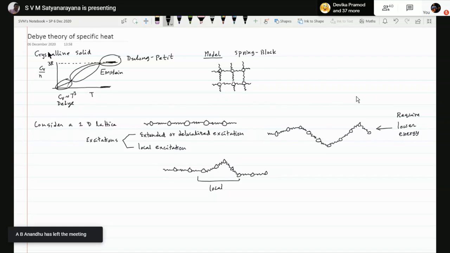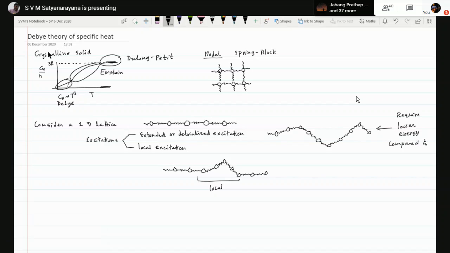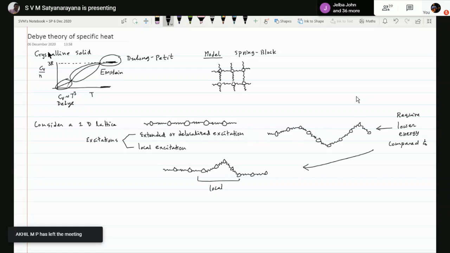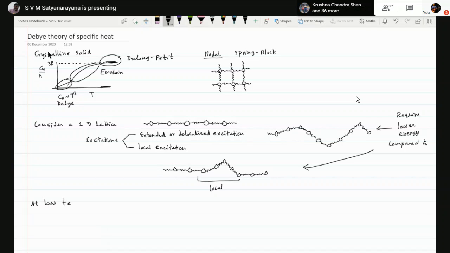So at very low temperature, since we don't have too much energy, it is these extended excitations that take or absorb the energy.